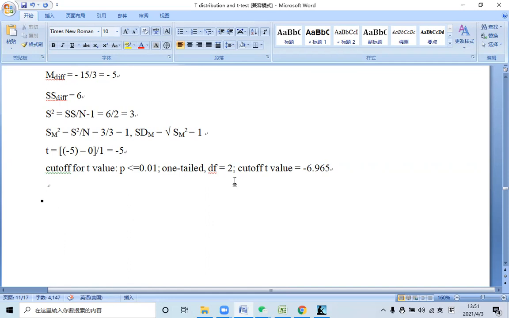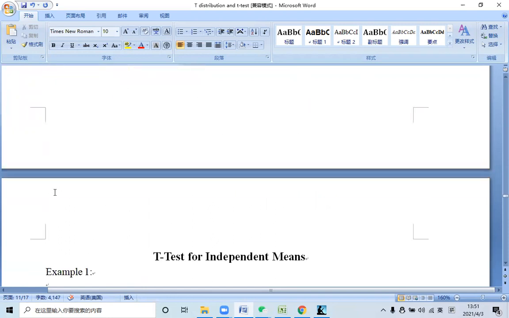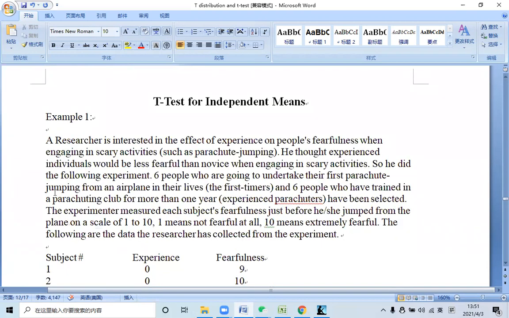Would it be significant at the 0.05 level? Yeah, it would be. All right, so that's a t-test for dependent means.